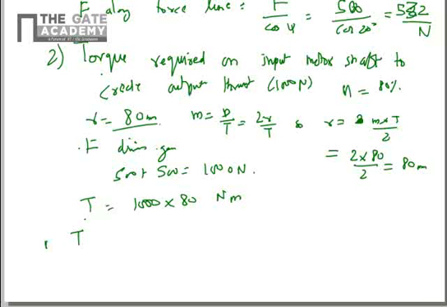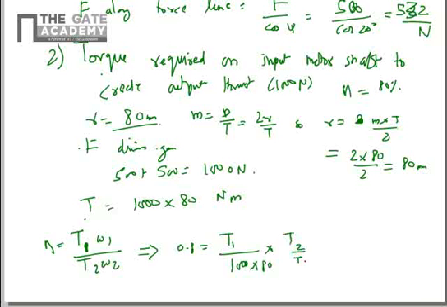If you consider the efficiency, it is equal to the input power, that is T driver, let's say T1 omega 1, divided by the output power, T driven, that is T2 omega 2, and the efficiency is given as 0.8. T1 on the driver we have to find out. T2 we know is 1000 into 80, and omega 1 by omega 2, the gear ratio, we can get from this figure from the number of teeth.